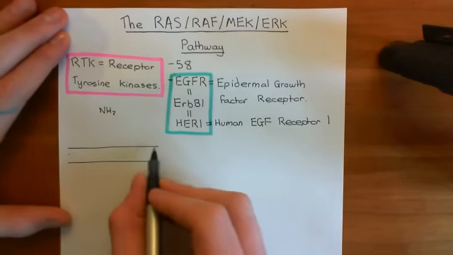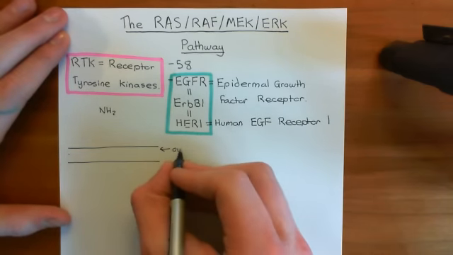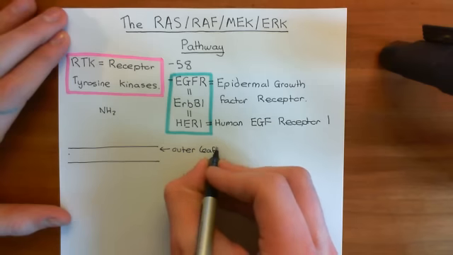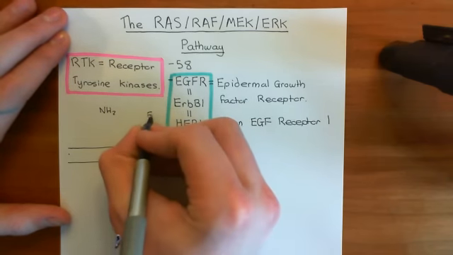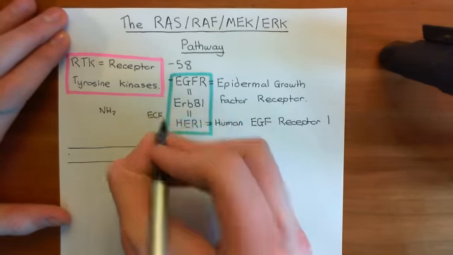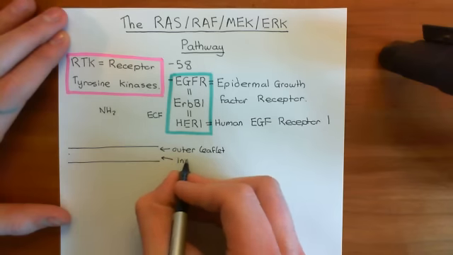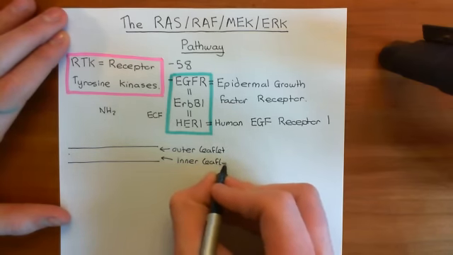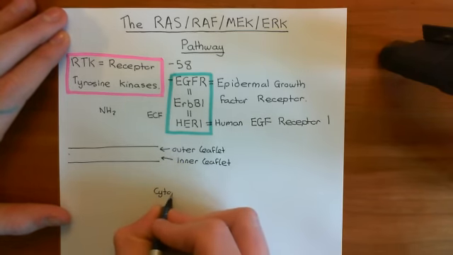So let's say these two lines represent the outer leaflet of the phospholipid bilayer, which means the outer layer of phospholipids that faces out to the extracellular fluid, or ECF for short. Then we've also got the inner leaflet of the phospholipid bilayer, which is the layer of phospholipids which faces into the cytoplasm, which is down here.